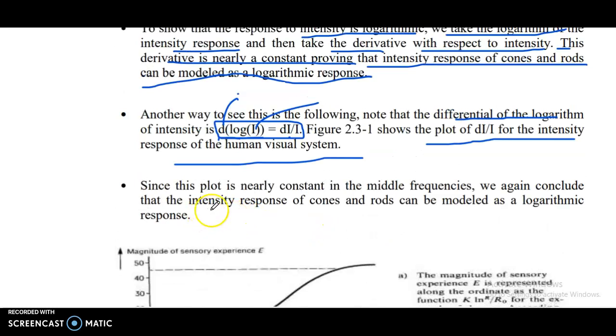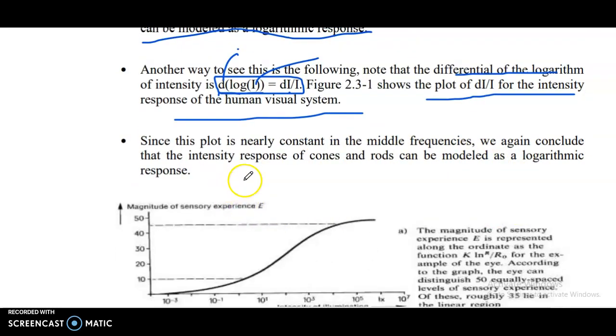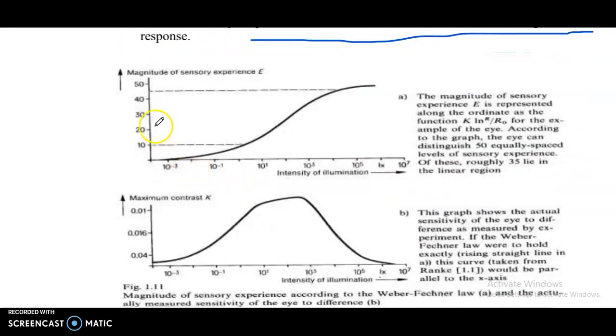Since the plot is nearly constant in the middle frequencies, we again conclude that the intensity response of cones and rods can be modeled as a logarithmic response.